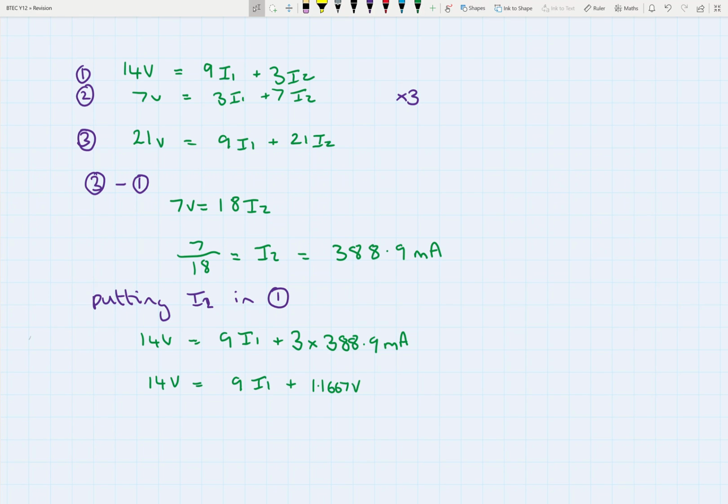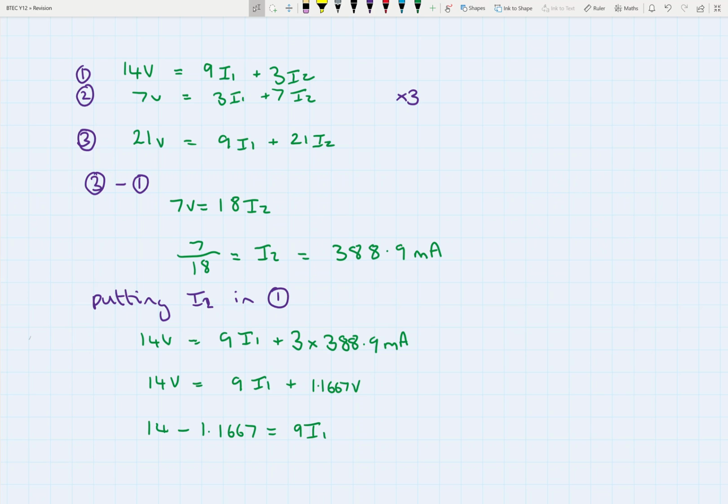Okay, so then just multiplying the 3 ohms by the 388 milliamps. Remember, resistance times current is going to give me a voltage. So I can bring that across to the other side. So I'm going to get 14 minus my 1.1667 is equal to 9I1.